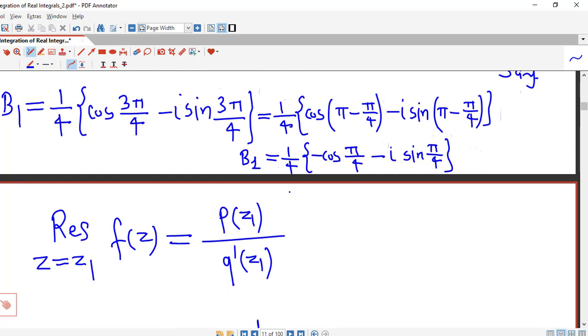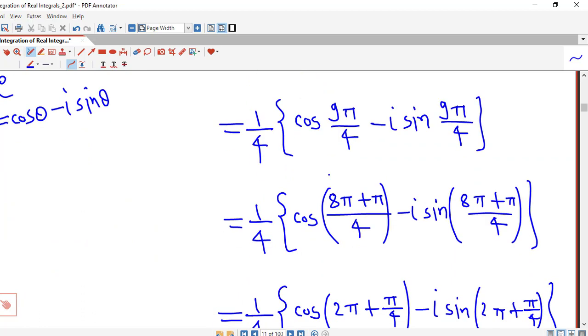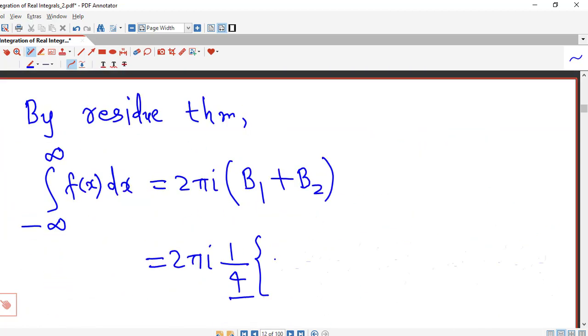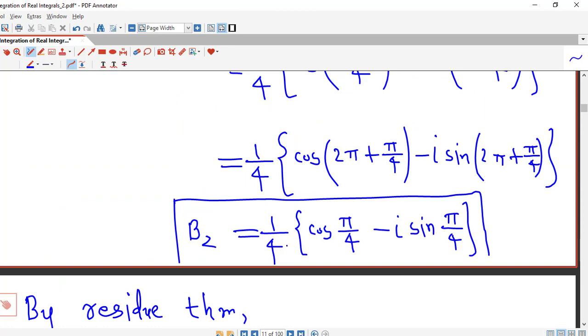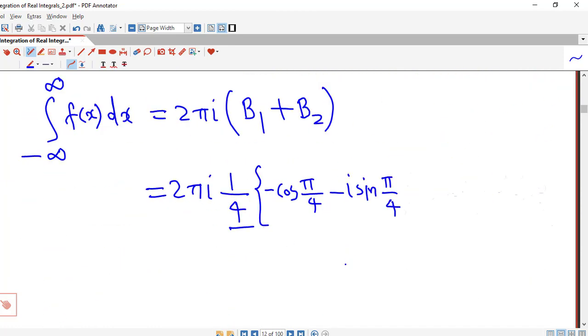So in b1, 1 by 4 is taken common, and we are left with minus cos pi by 4 minus i sin pi by 4, and plus b2, 1 by 4 is taken common, and we have cos pi by 4 minus i sin pi by 4.